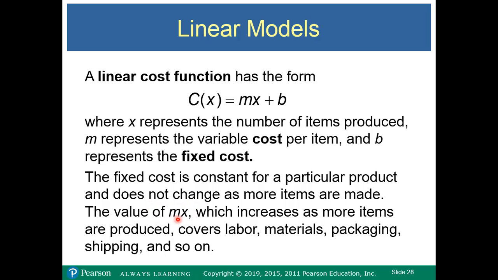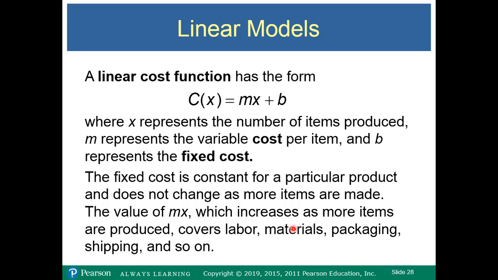So the value of m, the marginal cost, increases the more items you produce. For example, labor, right? The labor that it costs to make 1 unit. If you make 2 units, it's going to take more labor. Materials, right? Each unit that you create may require more materials.